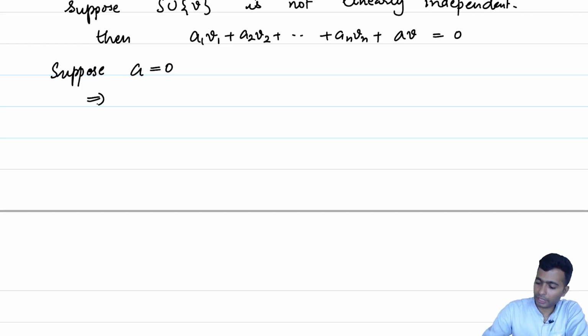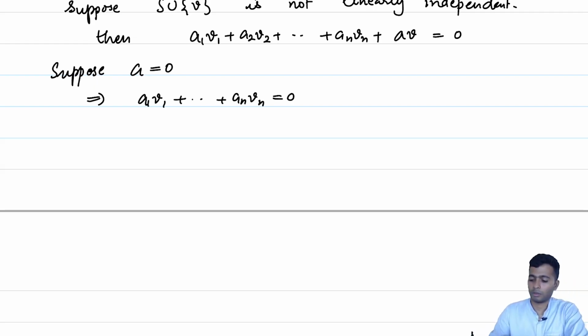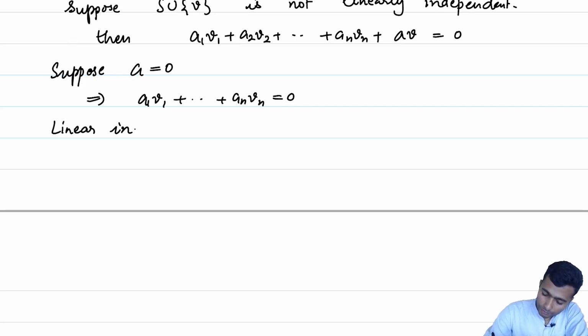This would imply that a times v is 0 and therefore a1 v1 plus a2 v2 up to an vn is equal to 0. But then v1, v2 up to vn are vectors in capital S which is linearly independent. Linear independence of S implies that each ai is equal to 0.